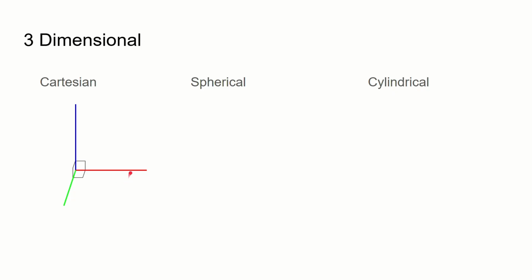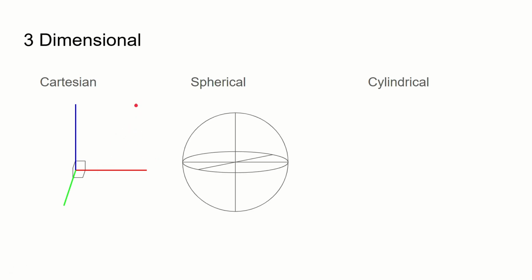And the 3 distances combined gives you some point in 3-dimensional space. Spherical will have a radius and then 2 angles. So one angle will get you any point in this plane, and the other angle will rotate the entire plane and give you any point in 3D space.